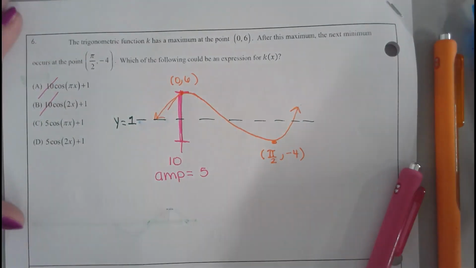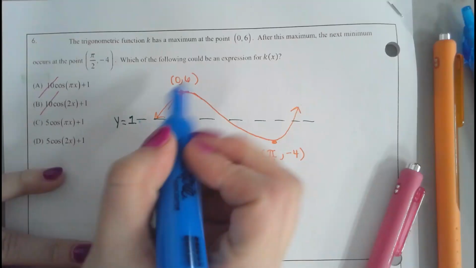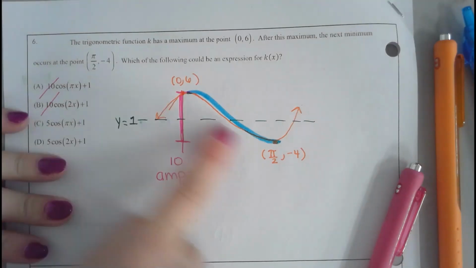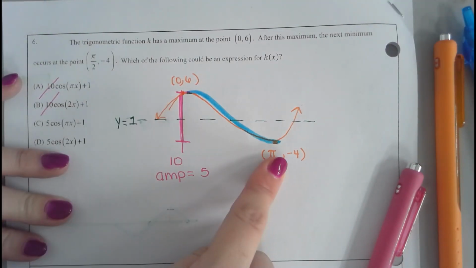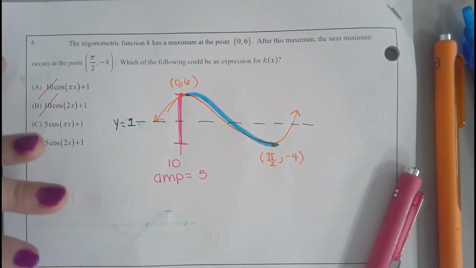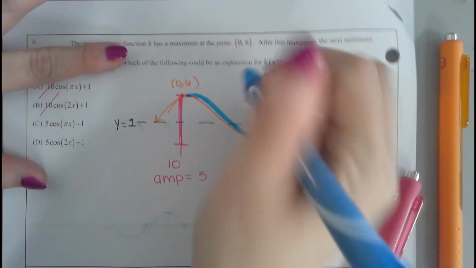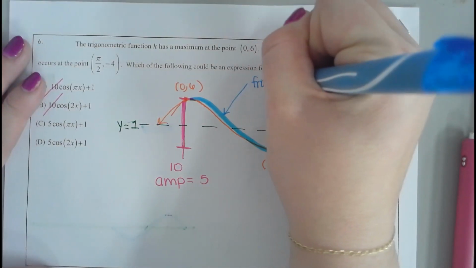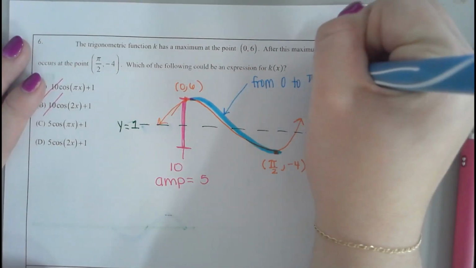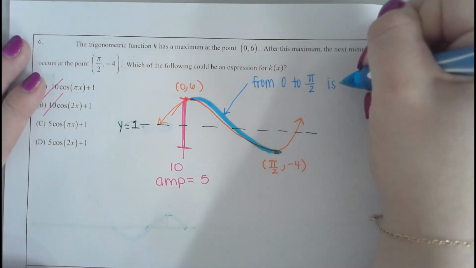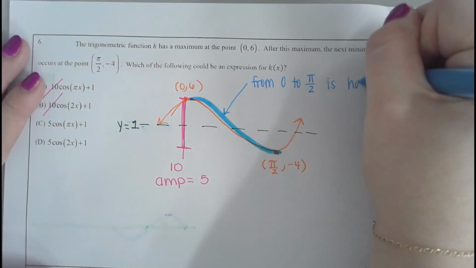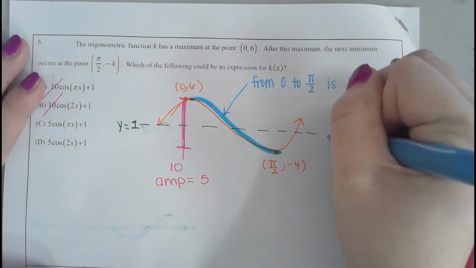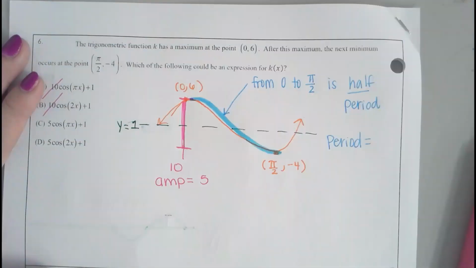And then my period. From 1 max to 1 min, it's not a full period. It's half of it. From 0 to pi over 2 is half the period. So what is the full period?